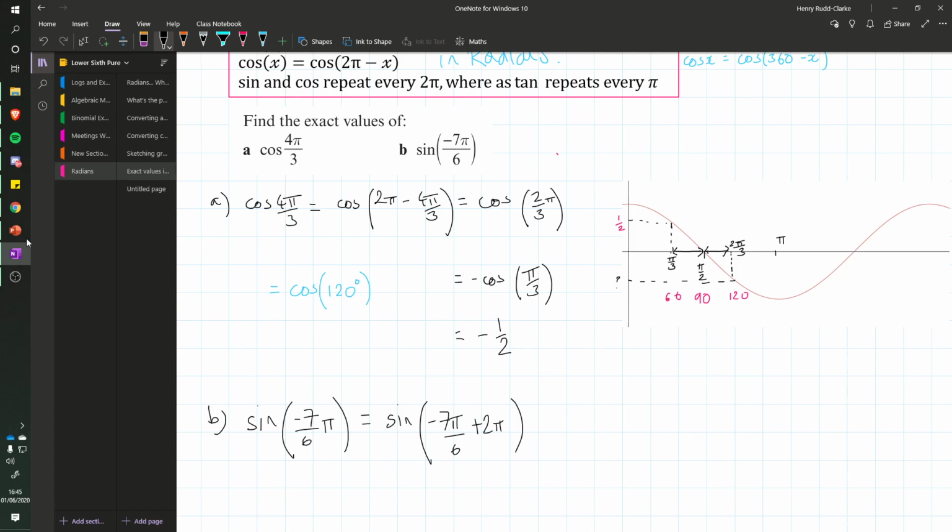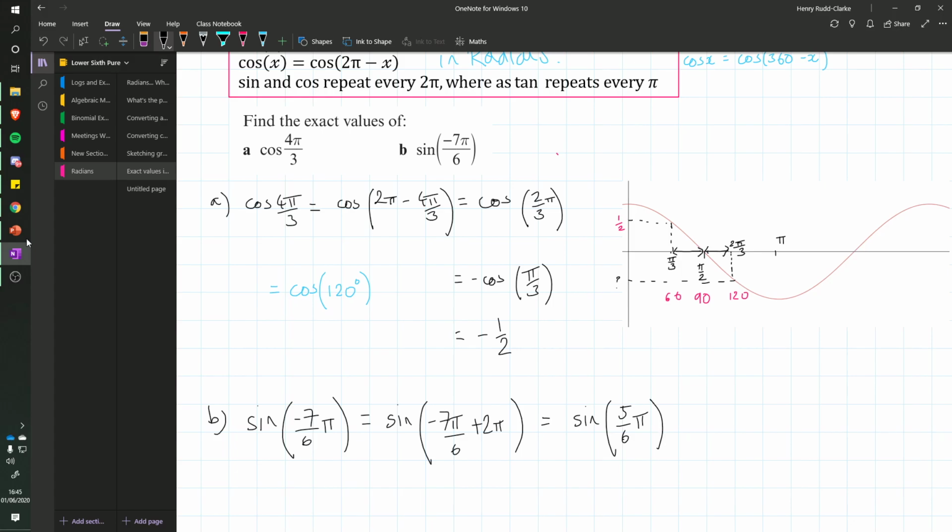Again, I can kind of just ignore the pi, or you can work it out in your calculator. It doesn't matter. Minus 7 over 6 plus 12 over 6 is 5 over 6. So I think it's going to be sine of 5 over 6 pi.